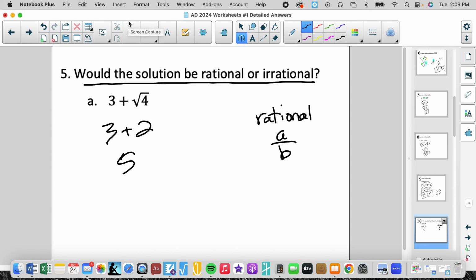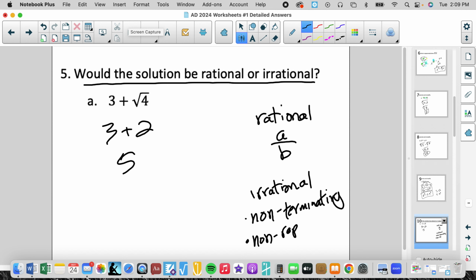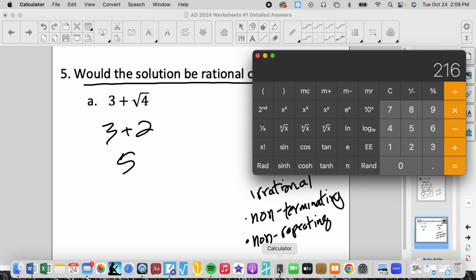Irrational is non-terminating and non-repeating. So pi is considered irrational. If we do pi on our calculator, that is non-repeating and it never ends, hence why pi is irrational.